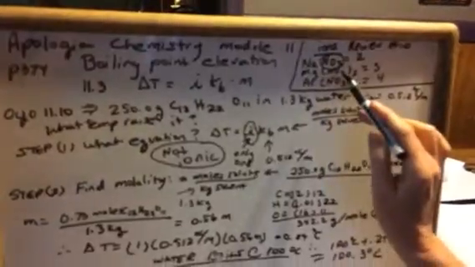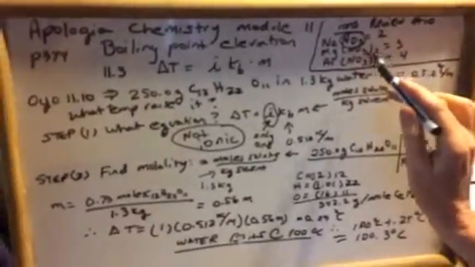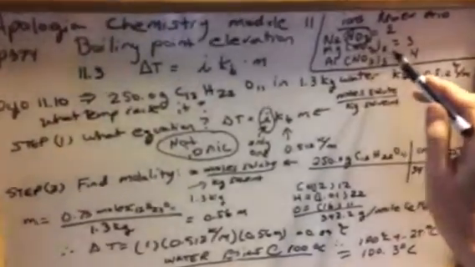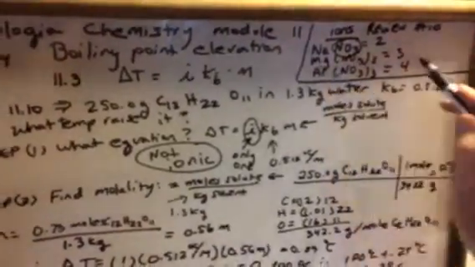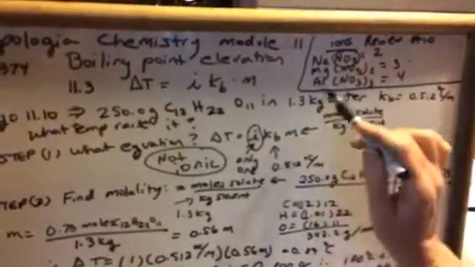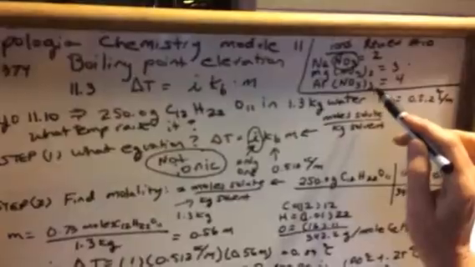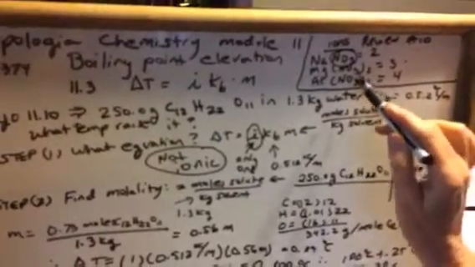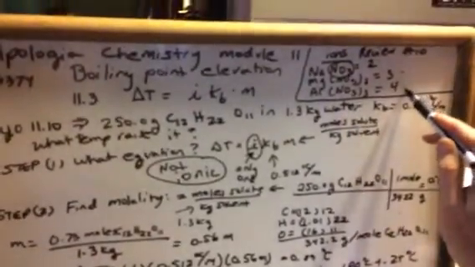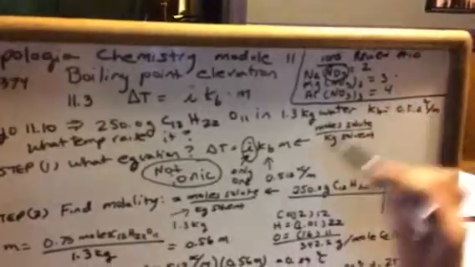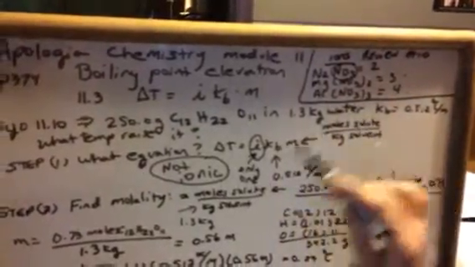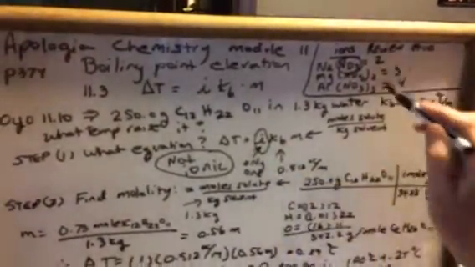Now here with magnesium nitrate, you have 2 NO3s. So it's going to be 2 ions plus 1 ion for a total of 3 ions. And here with aluminum that has plus 3, you have 3 ions plus 1 ion for a total of 4 ions. So you would plug in for the I these numbers.